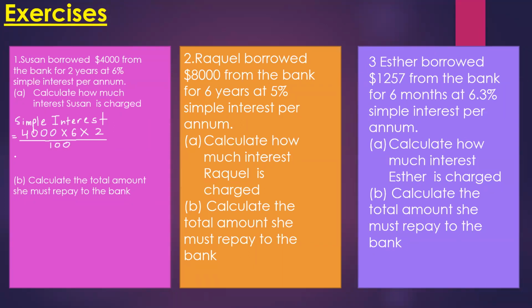At this point, what do we do? Cross out the zeros. So this cancels with that, and this cancels with that. So we're left with 40 times 6 times 2.